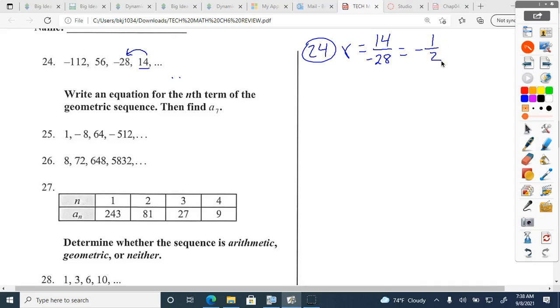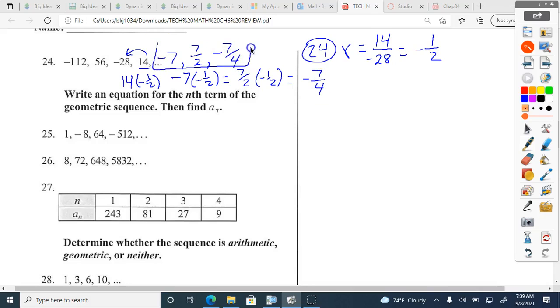So 14 times -1/2, that one would be -7. And then -7 times -1/2 would be +7/2. And then last but not least, times -1/2 again would be -7/4. So that would be your next 3 numbers in the sequence there.